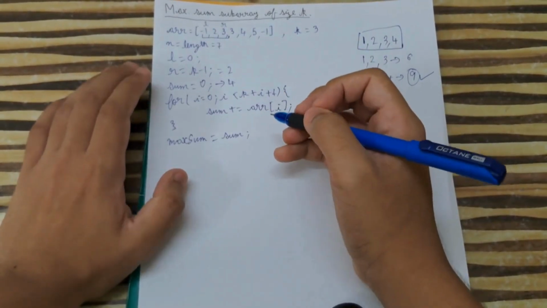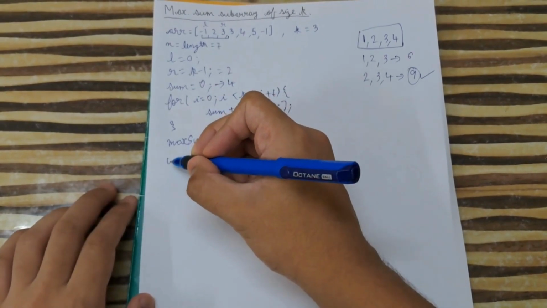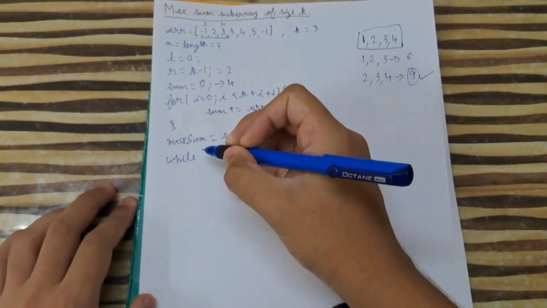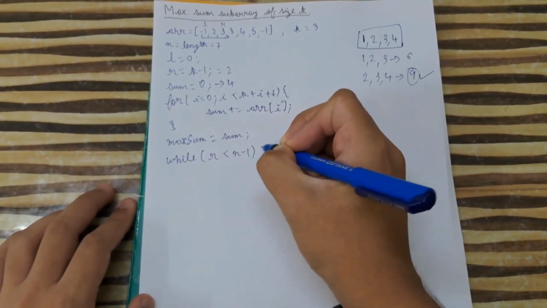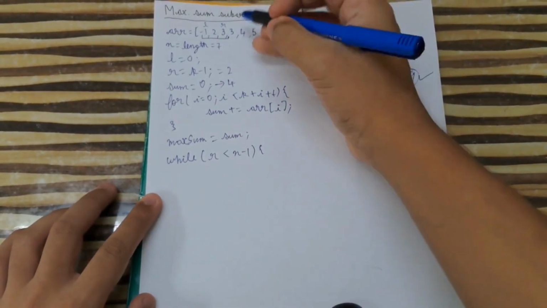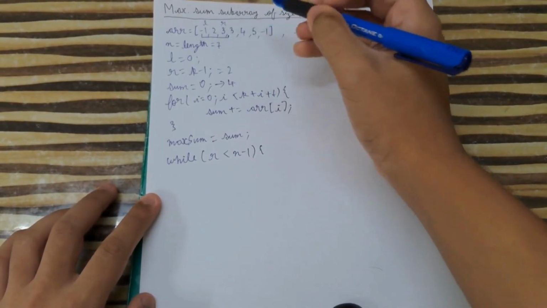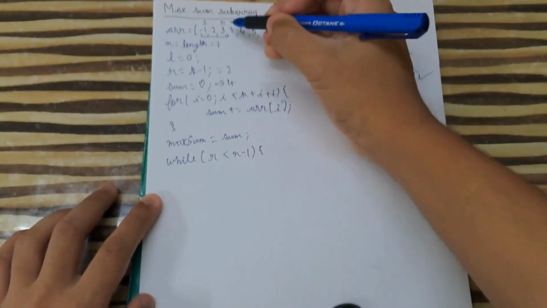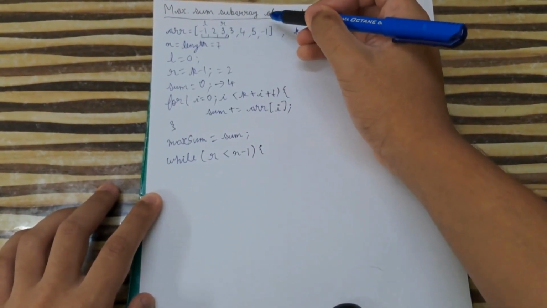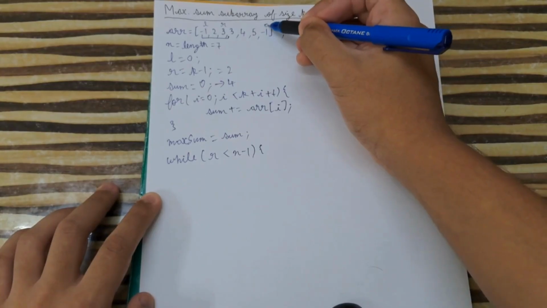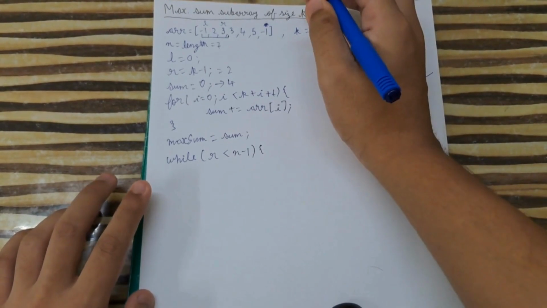So now the main part of the algorithm comes, that is the starting of the while loop. The while loop condition goes like R less than n minus 1. As you can see here, L is here and R is here. Our condition says that when R reaches the point where it is equal to n minus 1, this particular one, we don't have to execute that part.